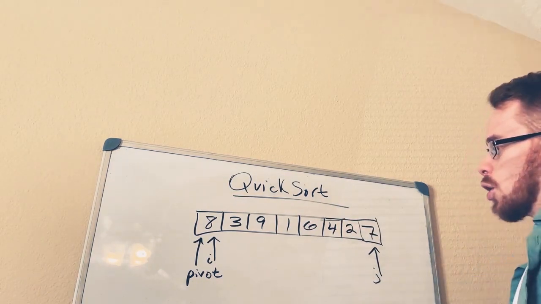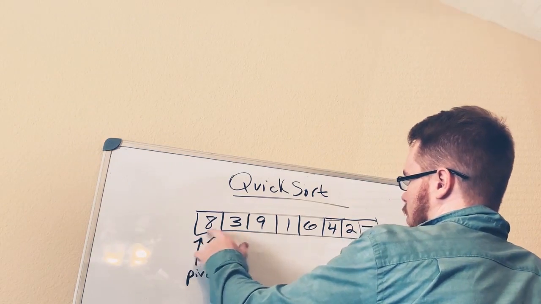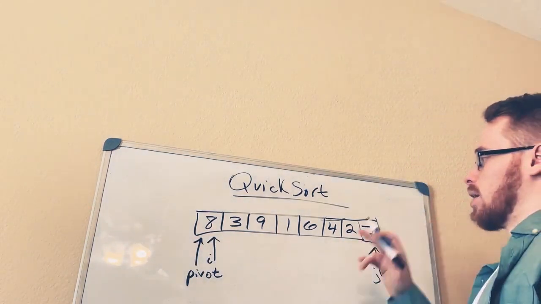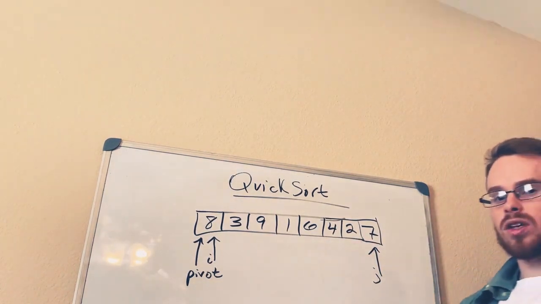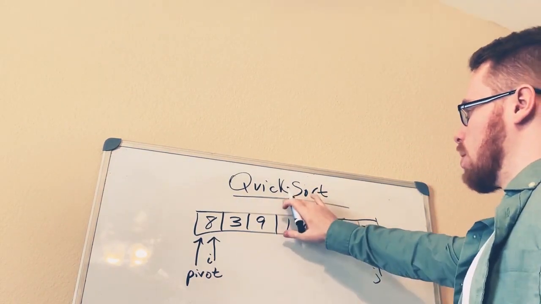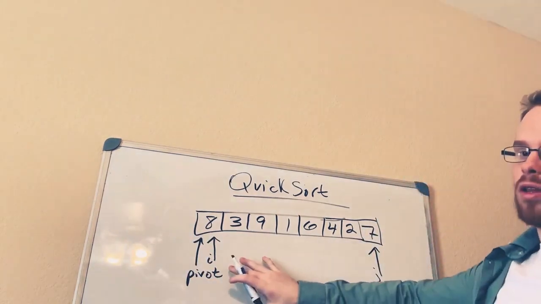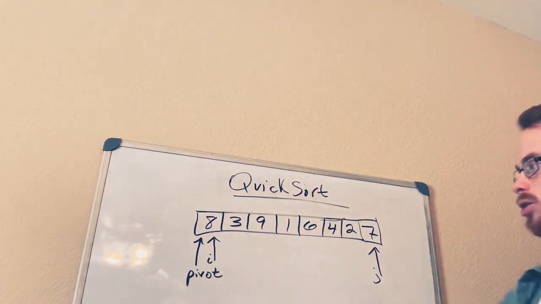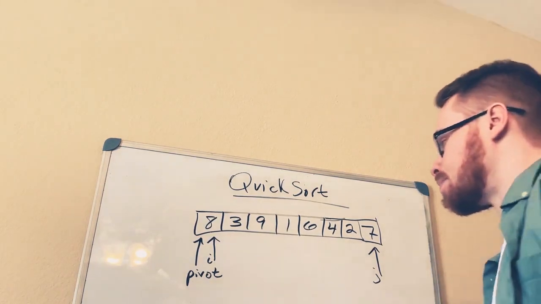A good one would be to take the first index, the middle index, and the end index, find the middle value, and use that for the pivot. That's usually a good idea. There are lots of ways of implementing Quicksort, but this is one of the popular ways to do it. You can look into a better way to choose your pivot value, but today I'm just going to use that first index.